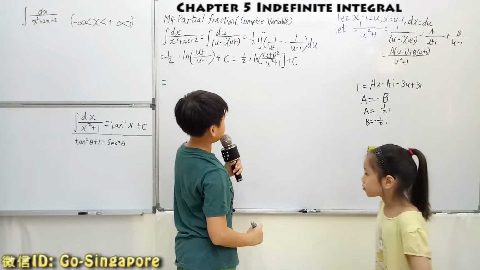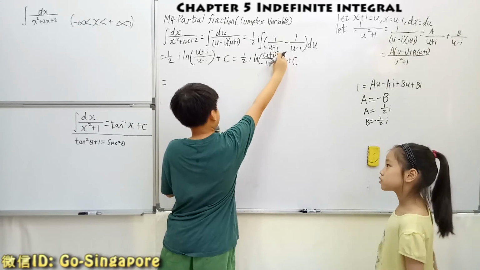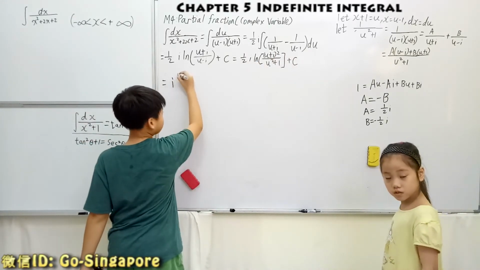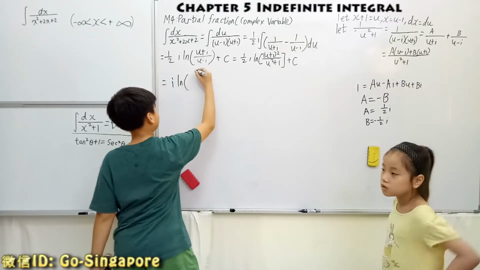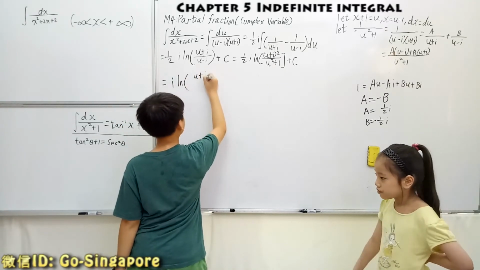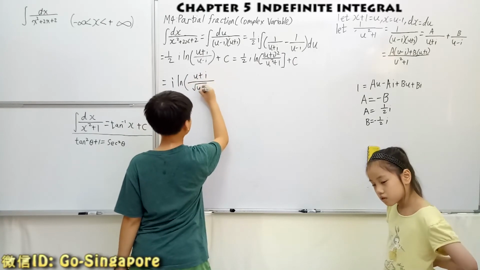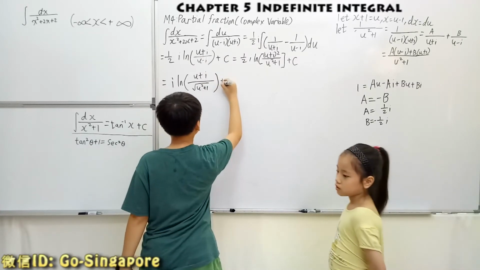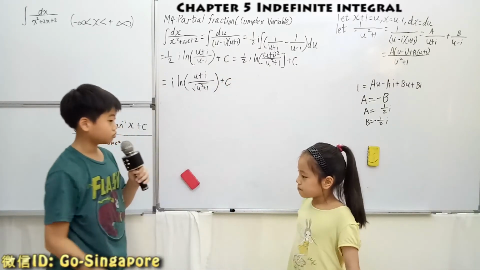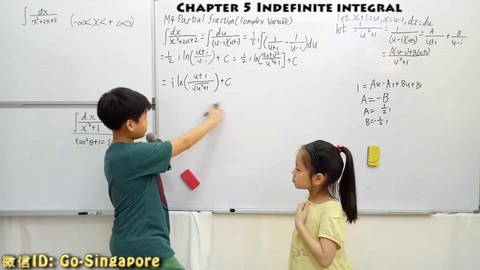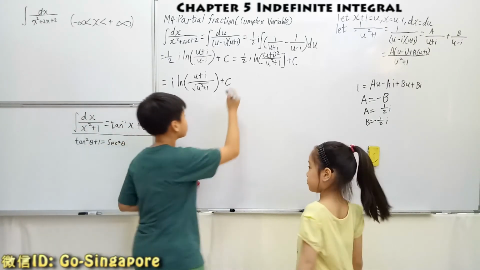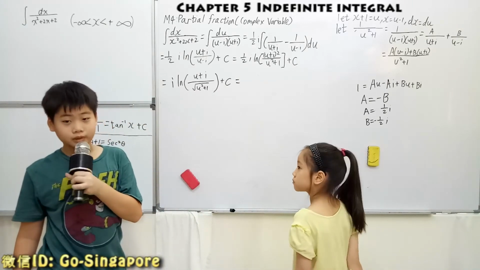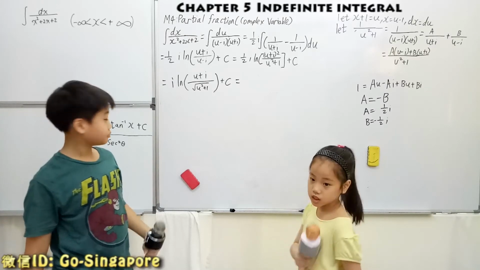So right now for this, because here, this square actually can take down, right? Right. Like this, is it right? Yep. So right now we'll use the Euler's formula, right? Right.